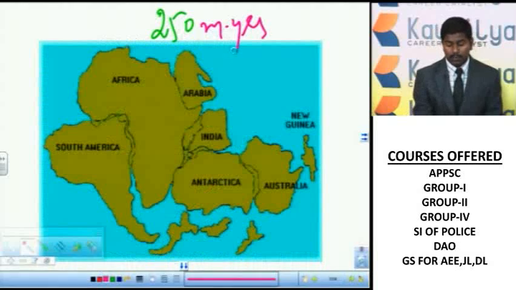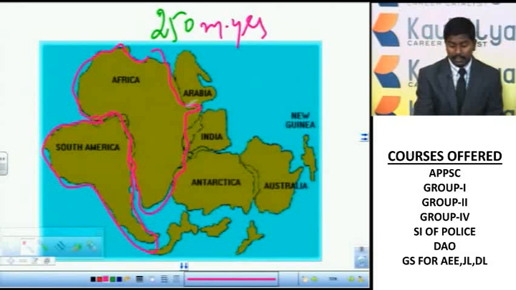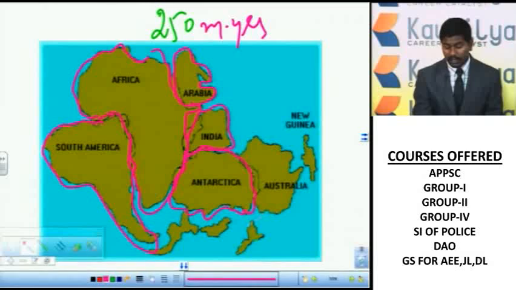this Pangaea was broken into different parts, and here the South America landmass got separated from the Africa landmass, the Arabian Peninsula got separated from the Africa landmass, the peninsular India got separated from Africa, Antarctica got separated from Africa, and Australia got separated from the African landmass.